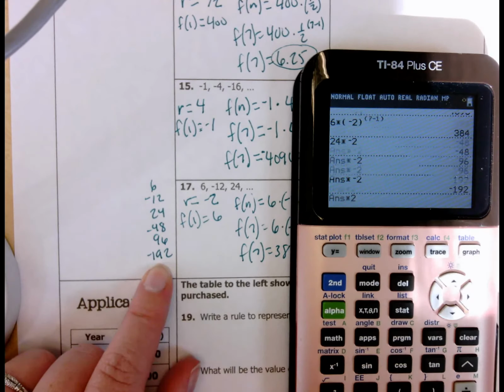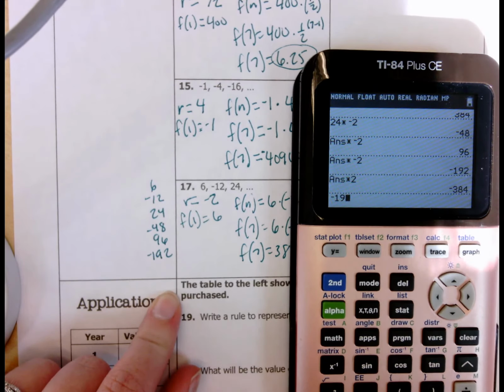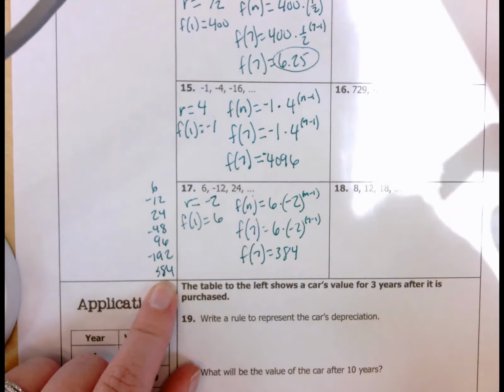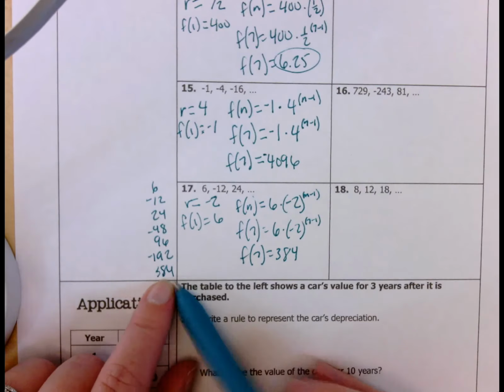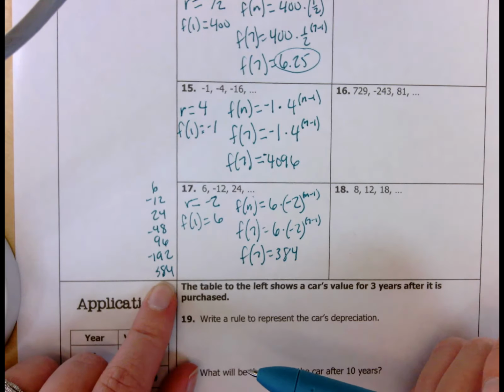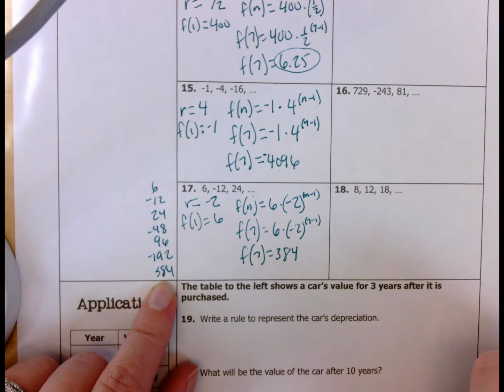And so we would do one more, and we would find the answer to be negative 192 times negative 2, which is a positive 384. And so you see here that the 7th term does match the 7th term that we came up with. So there's always chances to check your answer. And so that's the answer for number 17.